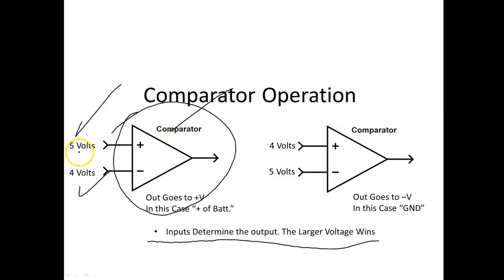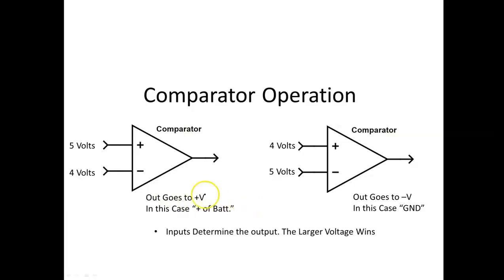So the difference is 4 volts minus 5 volts. The larger voltage is on the positive terminal of the comparator. So therefore, the output goes to plus V. Let me erase that, okay?